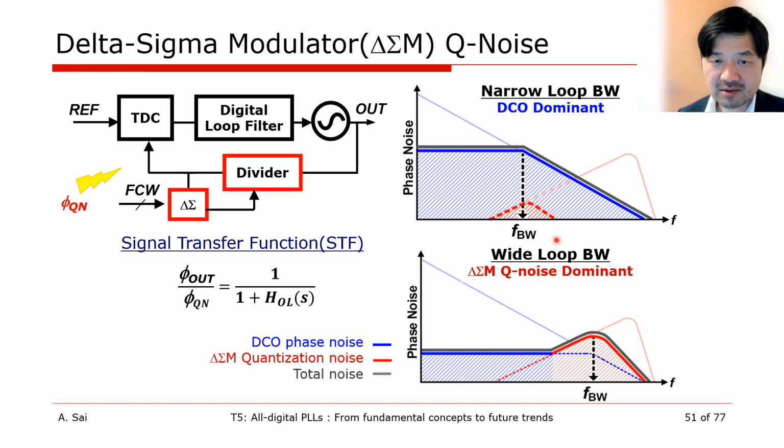With the advent of high-performance TDCs, expanding the loop bandwidth to some extent, which contributes to suppressing the DCO phase noise, will lead to further improvement in JIT-FOM. Therefore, a technique for reducing the quantization noise itself of the delta sigma modulation type fractional divider has been desired.